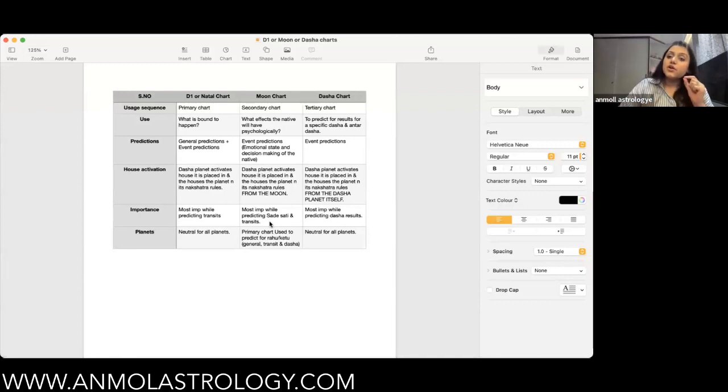So whenever you analyze Sadesati, use the natal chart and the moon chart, because the moon chart is the most important there. But do not forget to use the ascendant chart or the natal chart also, because that also holds a good amount of importance there.